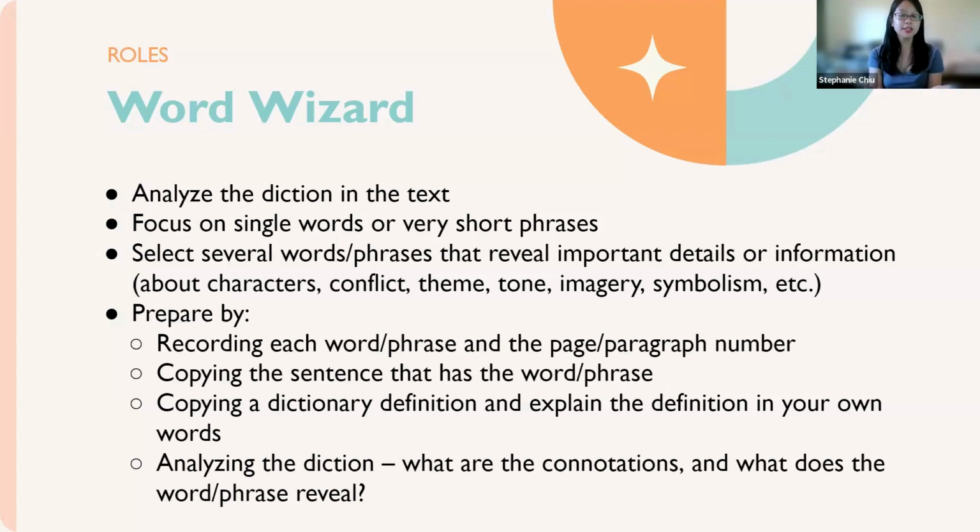What are the connotations? Based on the connotations, what is that word or that phrase revealing? I'm really pushing the student to see or appreciate the power of the author's word choice, the power of a single word or the power of a single phrase.